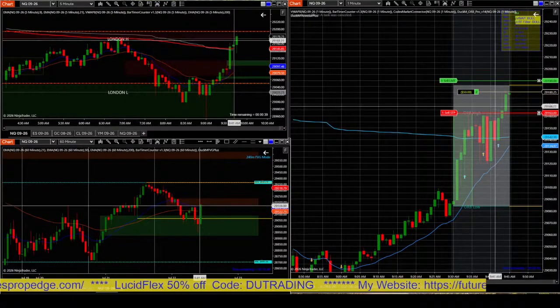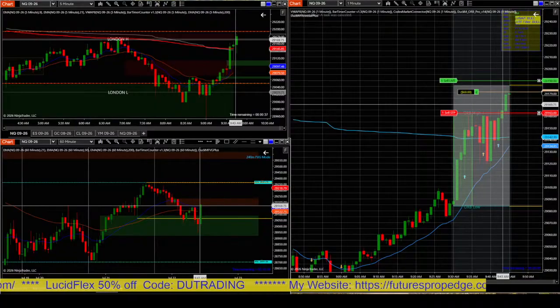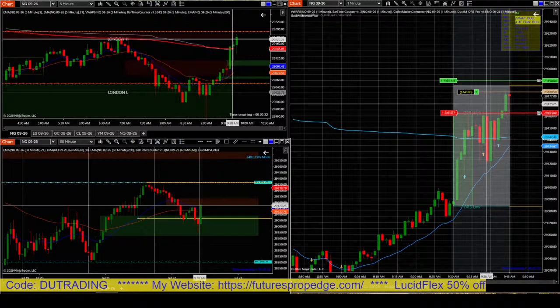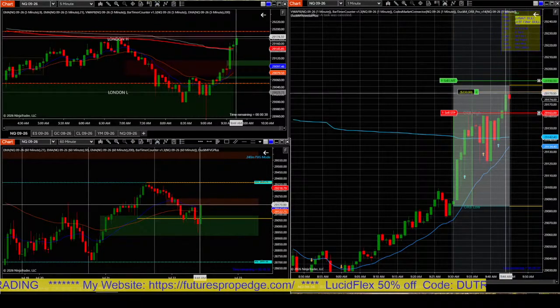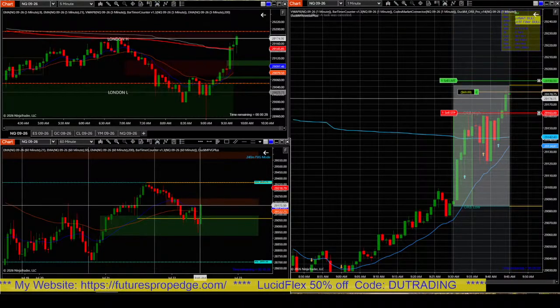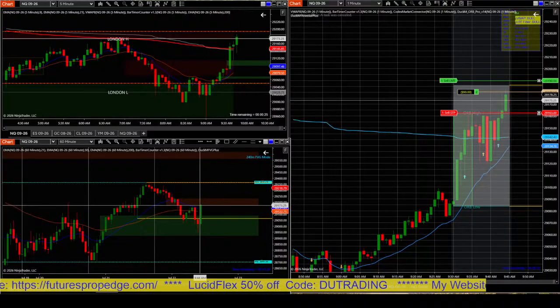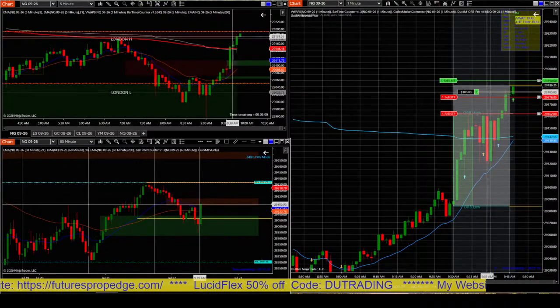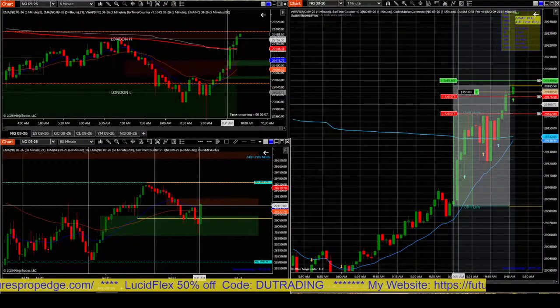My initial entry that I was looking for was here, 70 to get to 80. That would have been a quick one, easy peasy. But unfortunately, I wasn't paying attention to the time. By the time I looked, that 1 minute candle had already finished, because I was waiting for that 1 minute candle to finish so I could catch the next one that's going to push toward that. But it's still working out though.